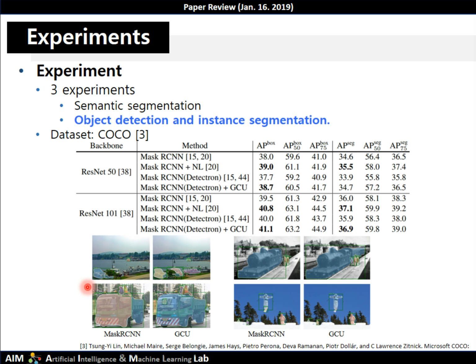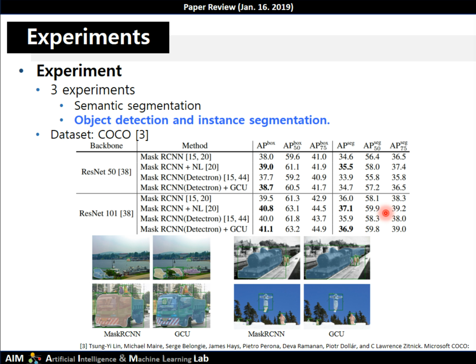For object detection and instance segmentation, they incorporate GCUs with residual connections into the Mask-RCNN framework. They use the COCO dataset for object detection and instance segmentation. Their results are summarized in the table.